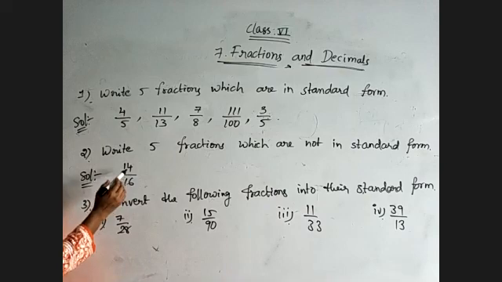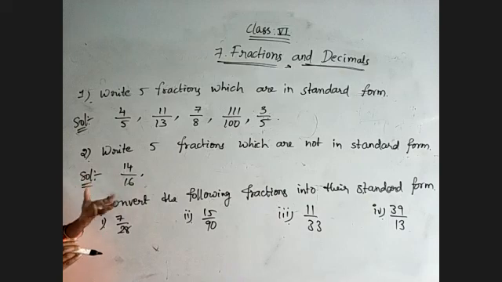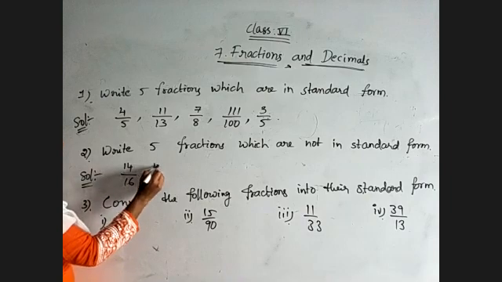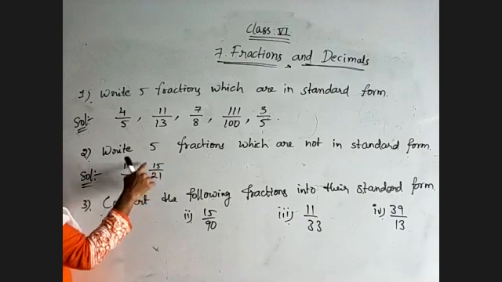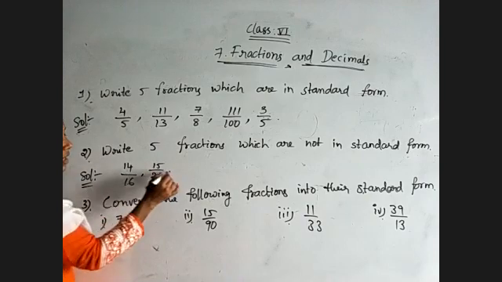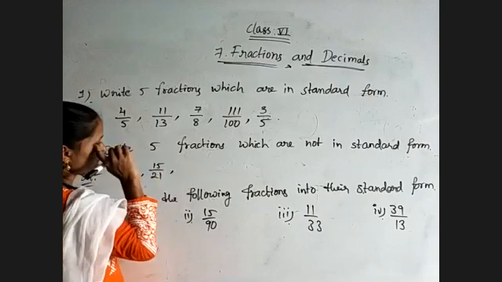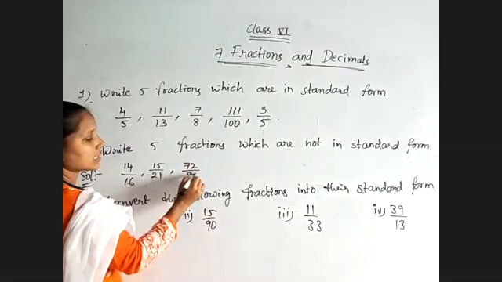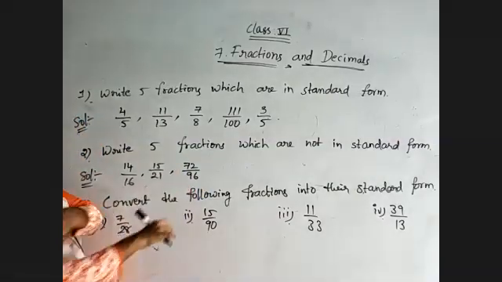So if they are not in the standard form, so select such numbers where we are able to cancel those numbers. See, for suppose I have 15 by 21. Both numbers cancel in 3 table. 3 5s are 15, 3 7s are 21. So it is also not in the standard form. And like that only anything. See, for suppose 72 by 96. Both can cancel in 12 tables.